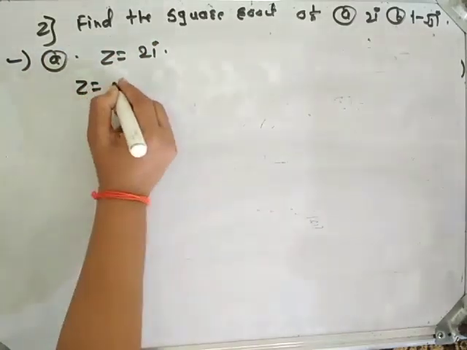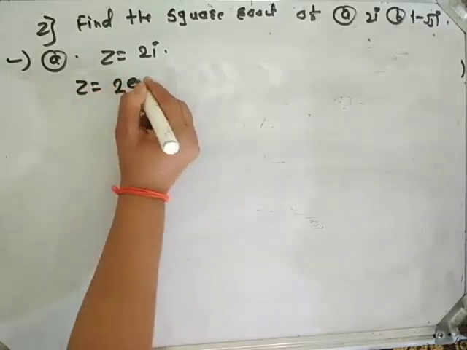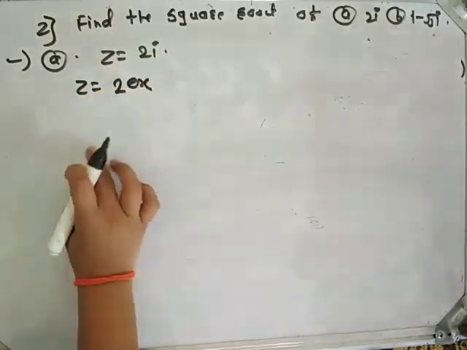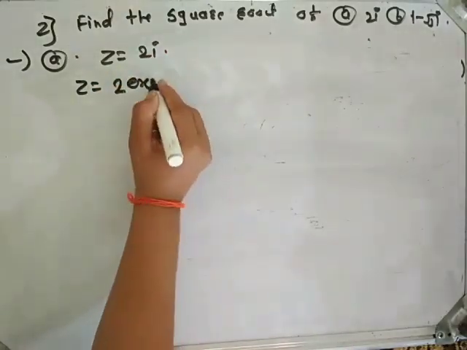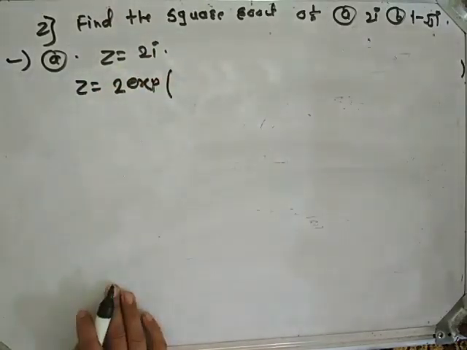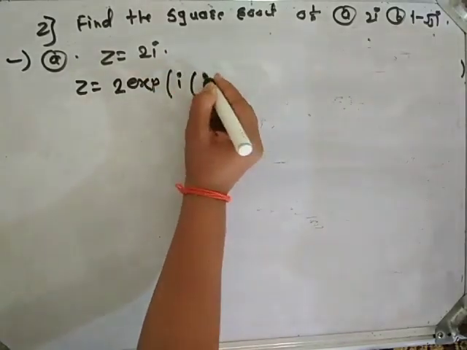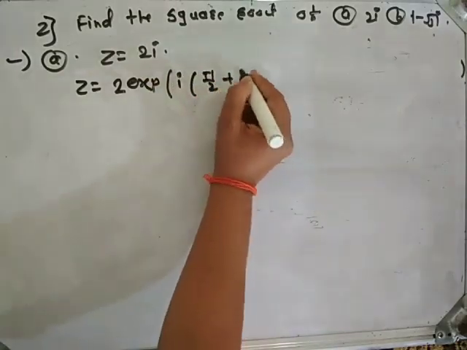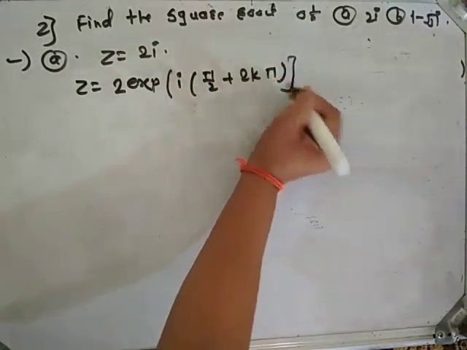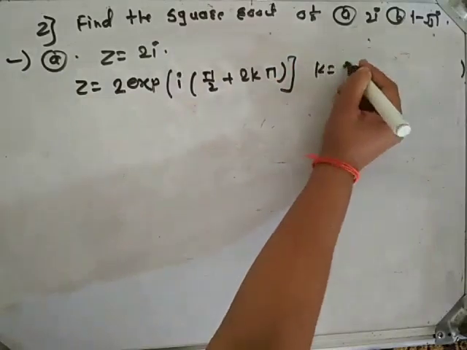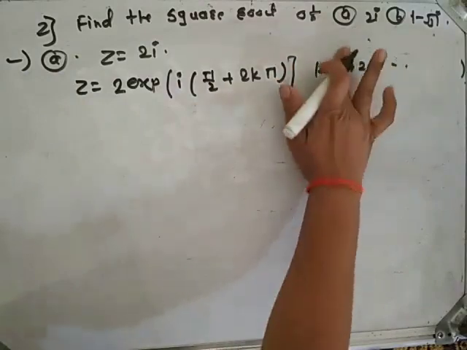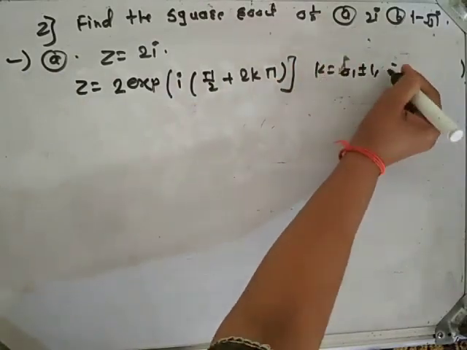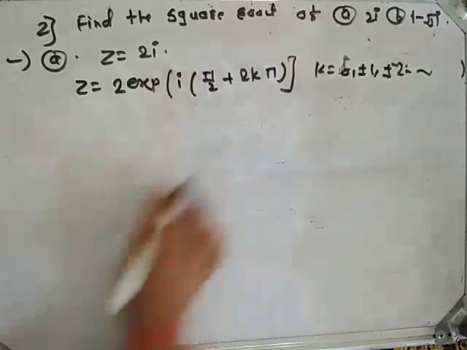So z can be written as 2 into exponential of i, where r is root of 2 squared, which is 2. Here theta is nothing but pi by 2, so we get i into pi by 2 plus 2k pi, where k takes the values 0, plus or minus 1, plus or minus 2 and so on.